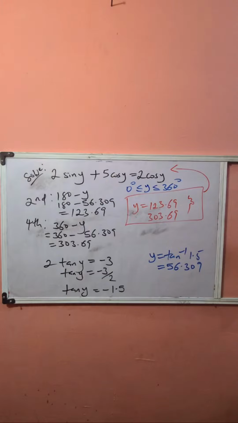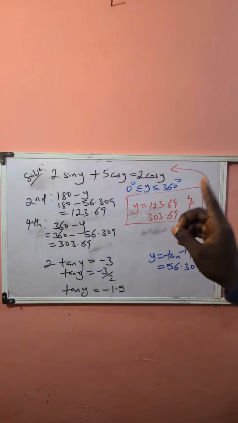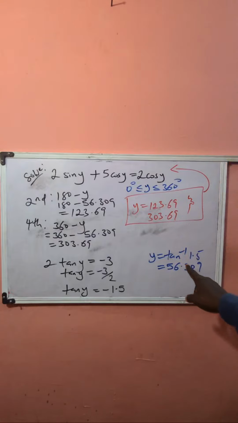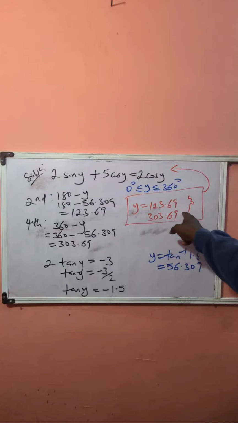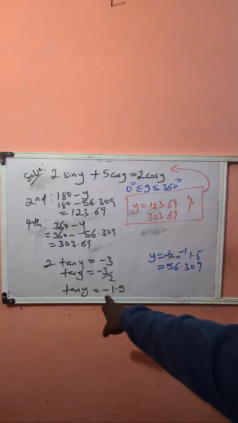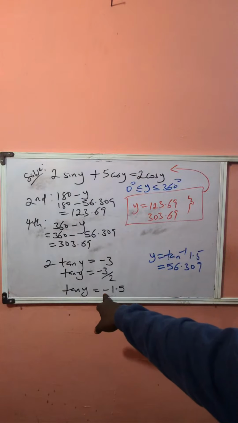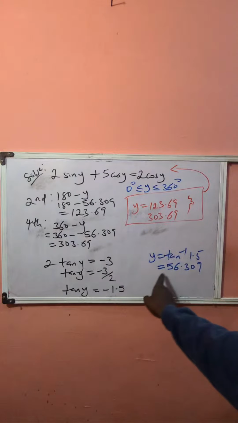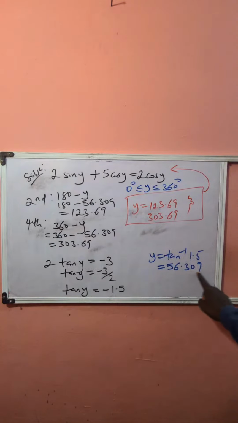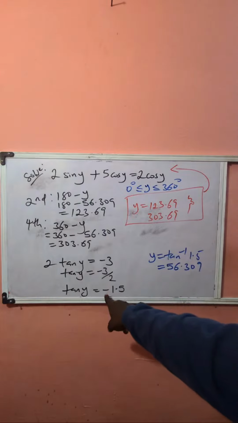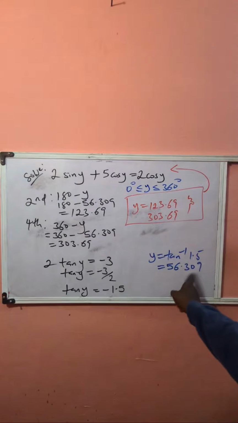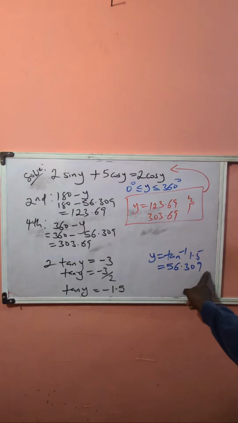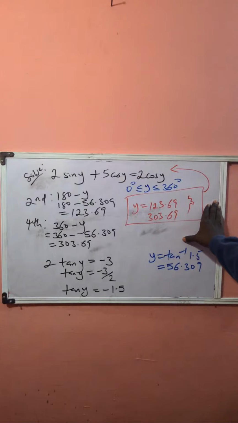Don't forget, this particular y value that we have here is not part of our answer, majorly because this is what we just used to move towards the right answer. Because our y being negative will make us not be able to use this particular answer. If our angle here was positive, then we would have been able to make use of this answer. So this is our final answer for y.